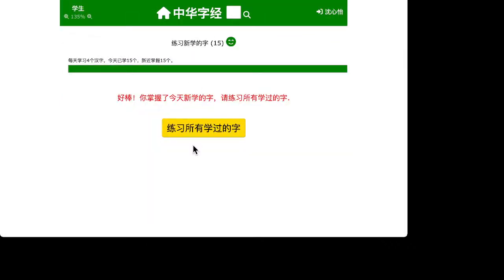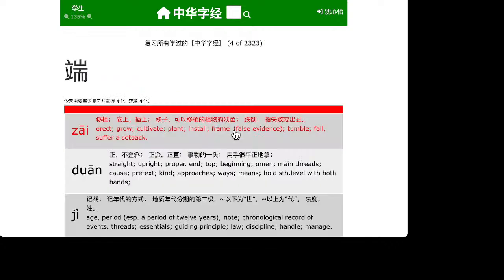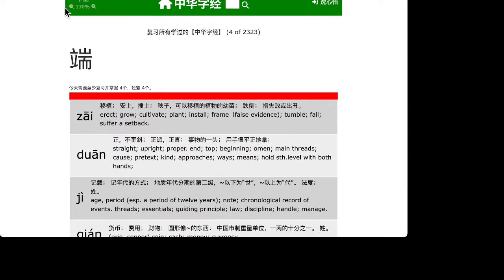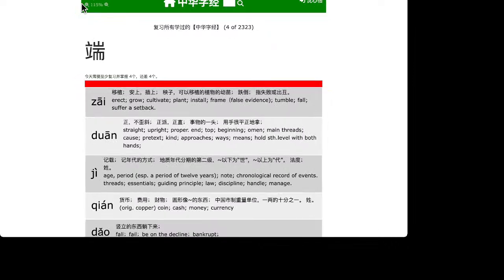Wow, that is all our new characters for the day. And you also want to make sure that you review the ones from before. But just spend a few minutes on that. Try to get it so I don't have to scroll.